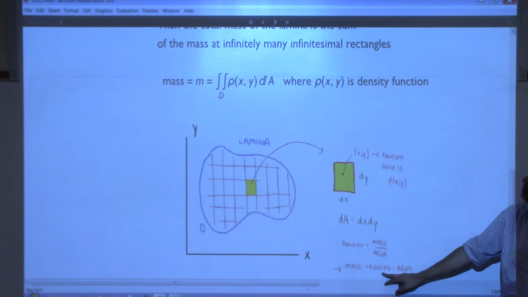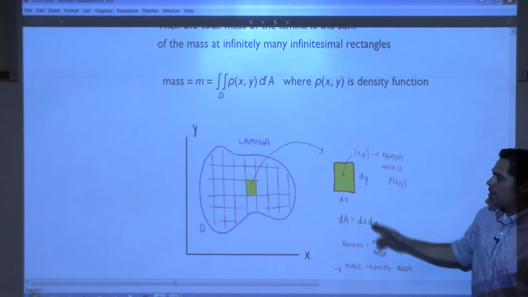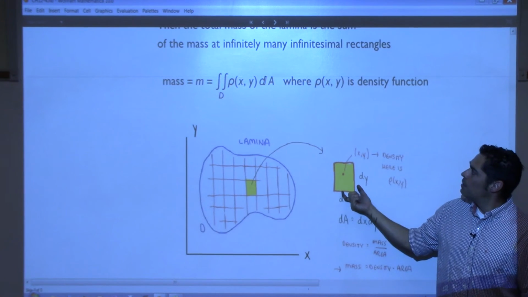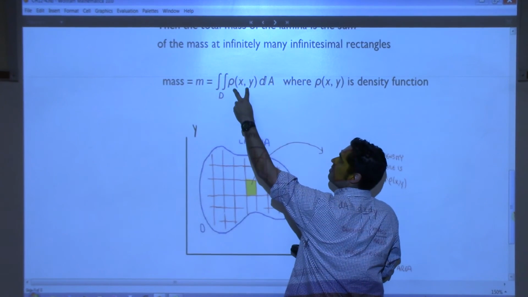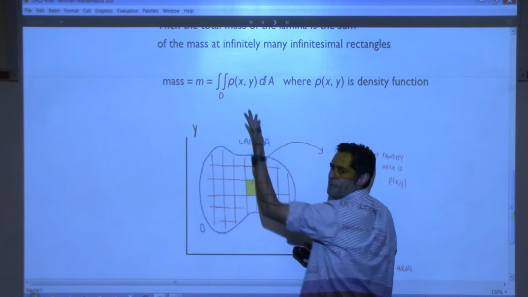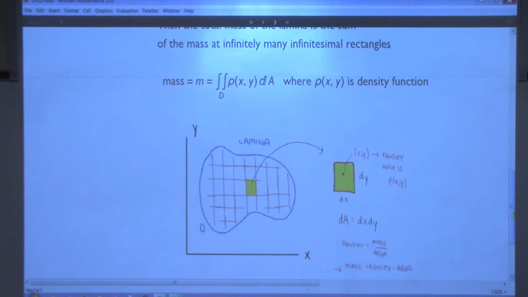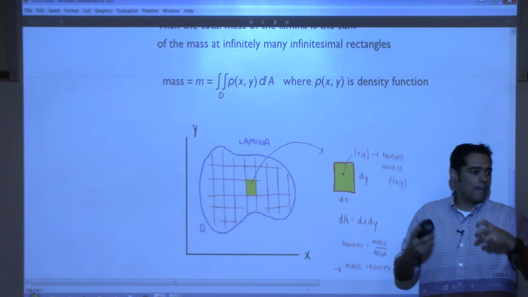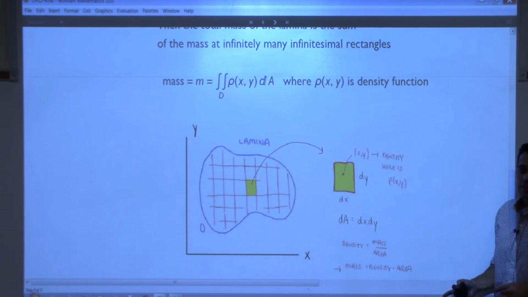Density you're given is a function. Here's your density function. So density you're given, area we know, because that's what we've been doing. So you're adding up all these little masses, which means you add up the density times the area. And replace that with f, and that's what we've been doing, right? So all that's changing here is that the function actually means something now. f of x, y, if it represents a density function of a lamina, then doing that double integral over that region gives you the mass of the object, the mass of the lamina.